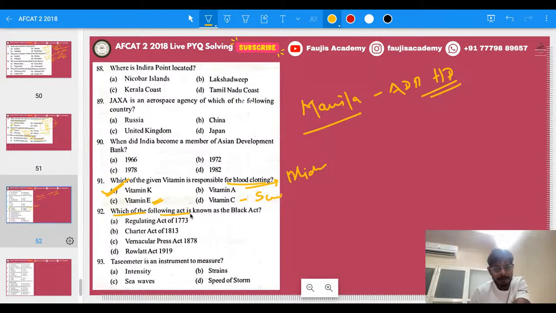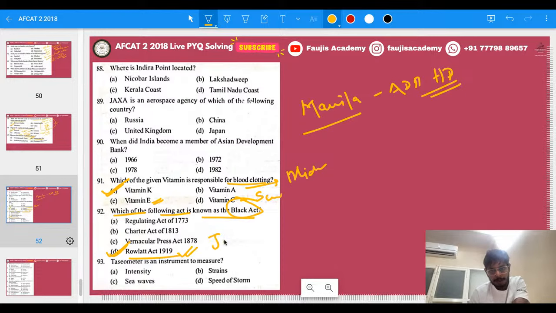Which of the following acts is called the Black Act? The Rowlatt Act of 1919.